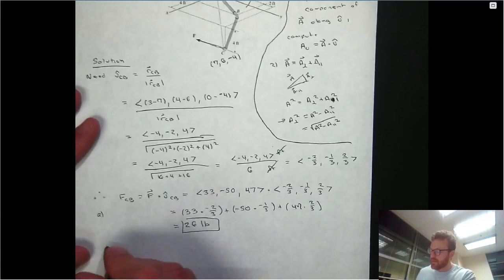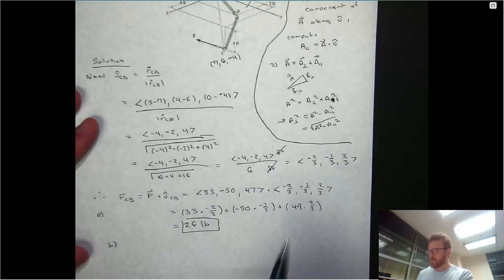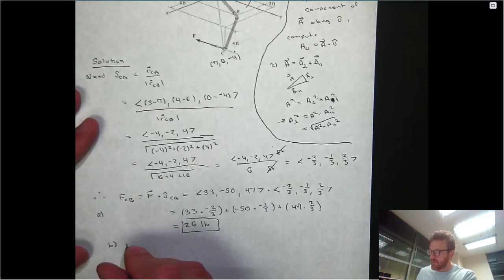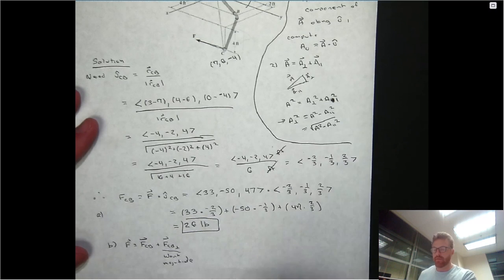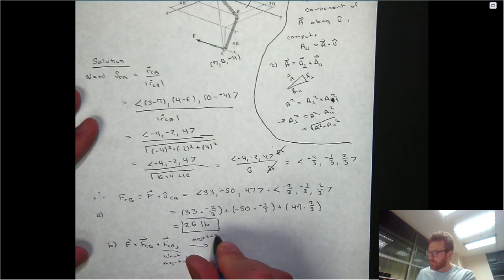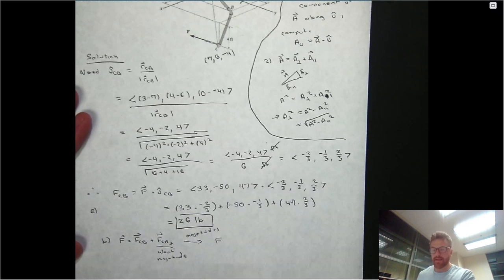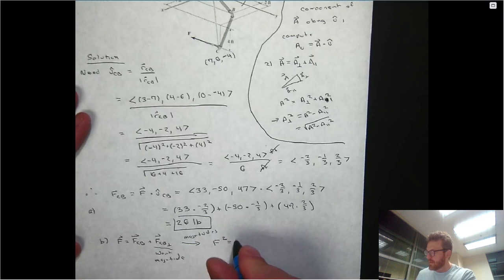So for part B, what do we need to do? Well, we use the same rule that we had up here. Remember that in terms of vectors, you can always write F as FCB plus FCB perpendicular. So this is the quantity that we want the magnitude of. Going back to that triangle we drew and viewing it from a Pythagorean theorem point of view, in terms of magnitudes, the magnitude of F, which I'll just write as F without a vector, squared, equals FCB squared plus FCB perpendicular squared.